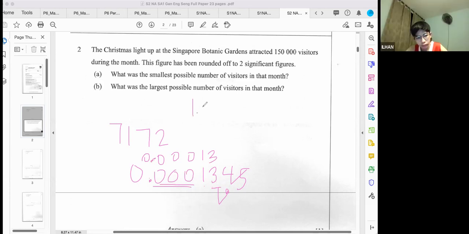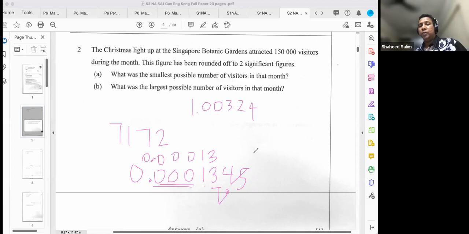Let us see whether you can get this right. Two significant figures. 1.003. Okay, now you start counting when it's not 0.